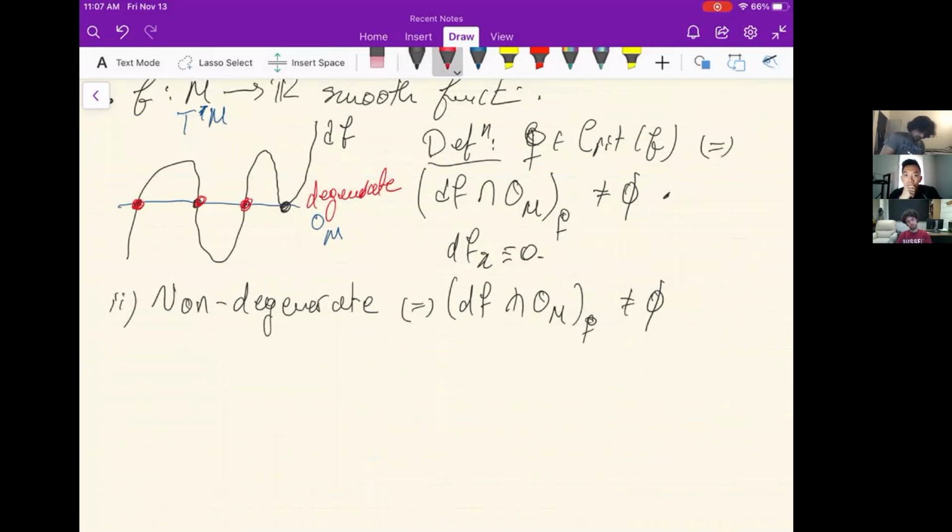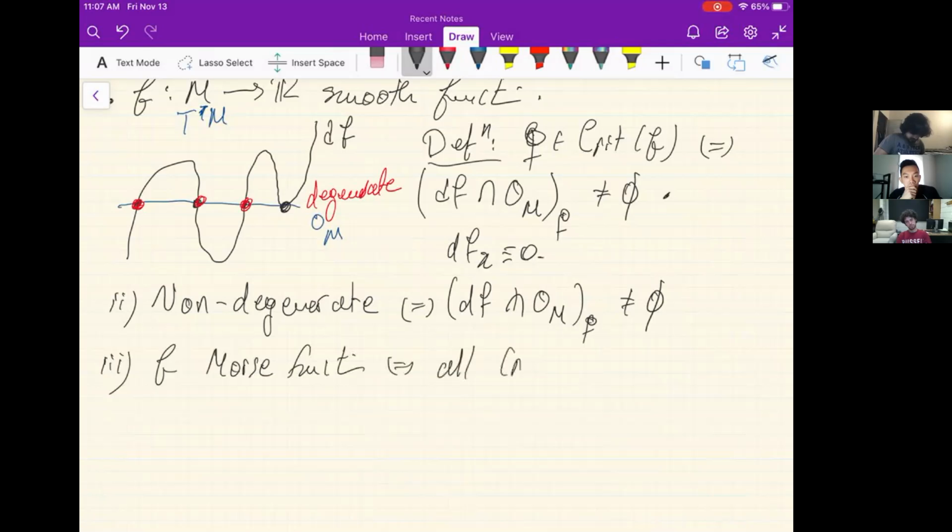Okay, so now we are in good shape to say that f is a Morse function if and only if all critical points of f are non-degenerate. So for instance, this example is actually an example of a non-Morse function.